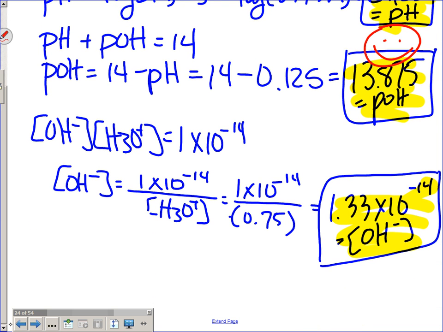Then you see that your hydroxide is, oh my gosh, 10 to the negative 14th, high or low? Super low, and that should make sense. Hydroxide is basic. We have a strong acid here. We shouldn't have very many hydroxides, so that makes sense as well, and we're good to go. Keep proceeding through those.